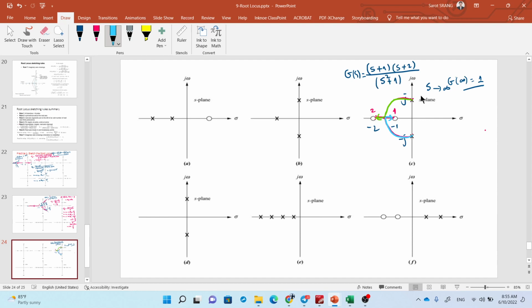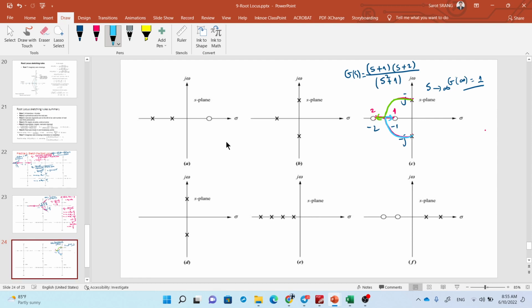So if you only have two asymptotes, these two asymptotes must also be symmetric with respect to the real axis. So you just draw the asymptote, and then you can draw the root locus for this case.